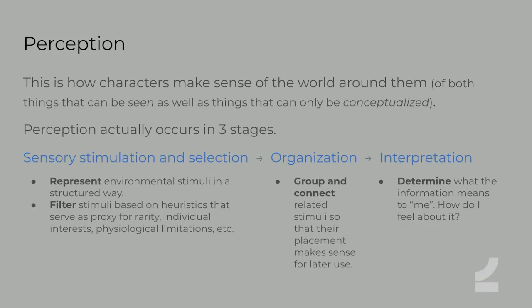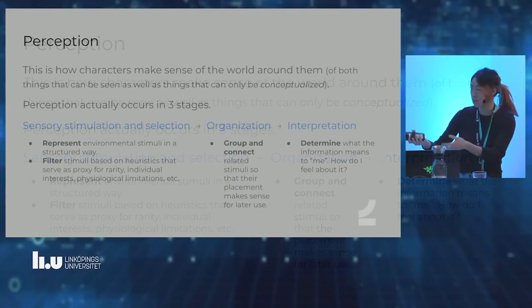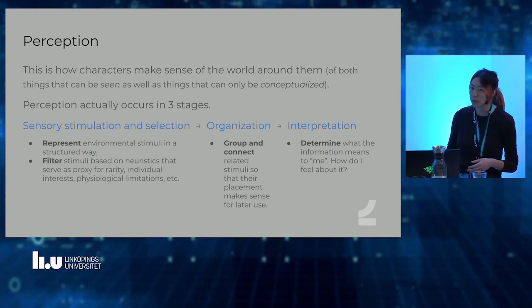So I'll go through 3 stages of perception and then how we model those technologically. The first stage of perception is sensory stimulation and selection. We're constantly bombarded by a bunch of different stimuli, and we have to somehow subconsciously filter which information we're actually taking note of.